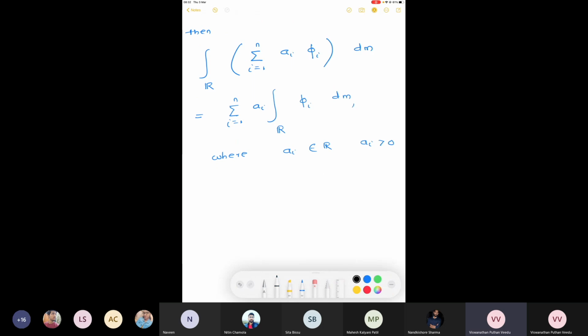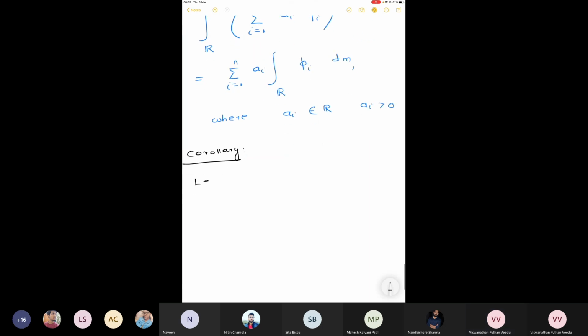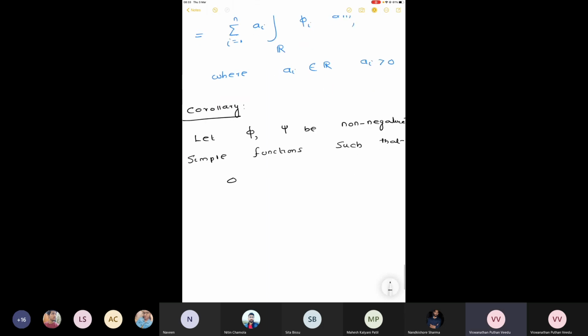Next corollary, again a very simple consequence but worth recording. Let phi and psi be non-negative simple functions, measurable, obviously, such that phi is less than or equal to psi.